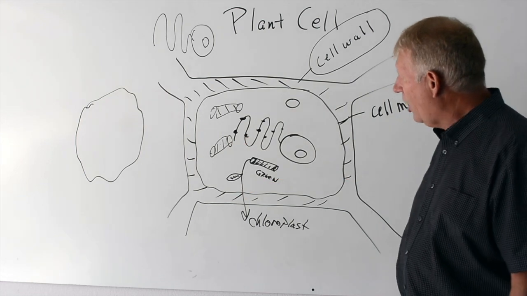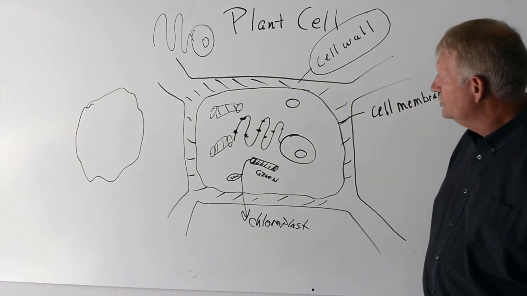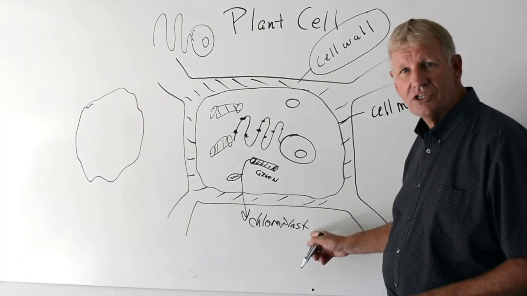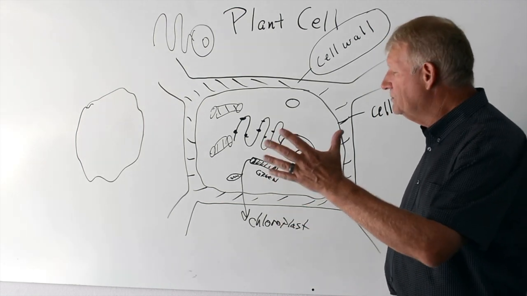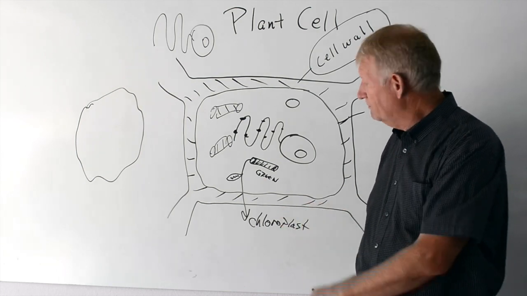So why is a plant cell green? Because it contains chloroplasts. Now what does the chloroplast do? The chloroplast absorbs the sunlight to carry on photosynthesis.